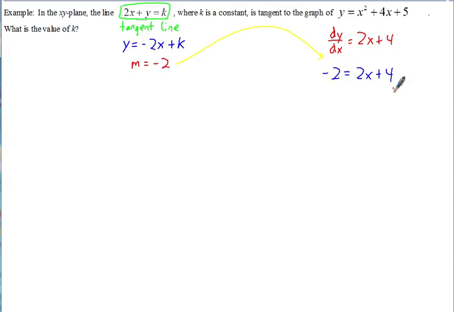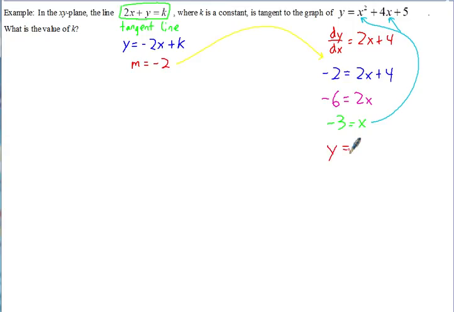So if we subtract the 4, you get negative 6, so we get x equals negative 3. So there's the x point of our point of tangency, and then let's substitute that in right there to find the y point.